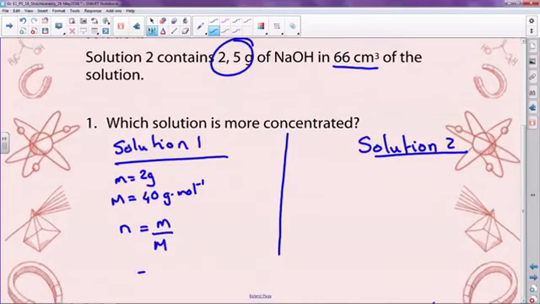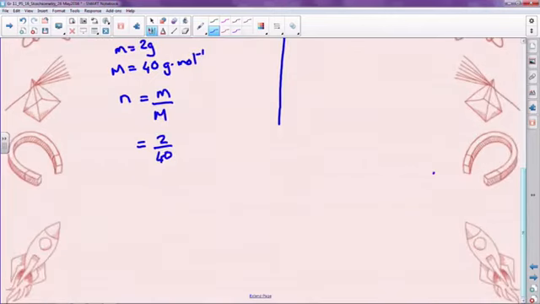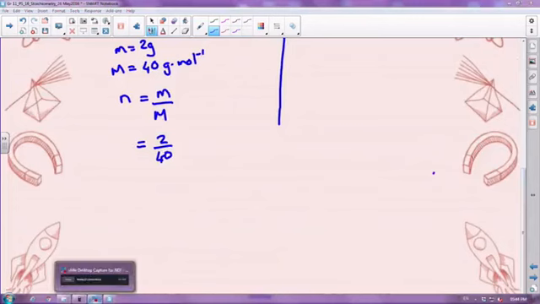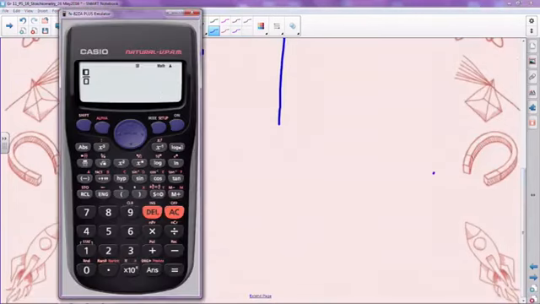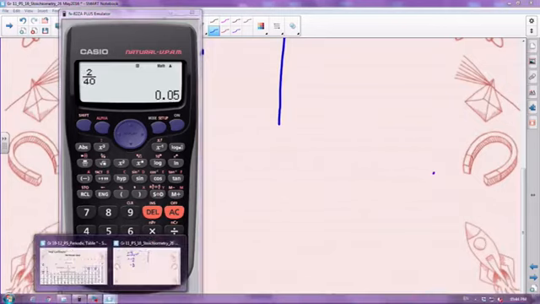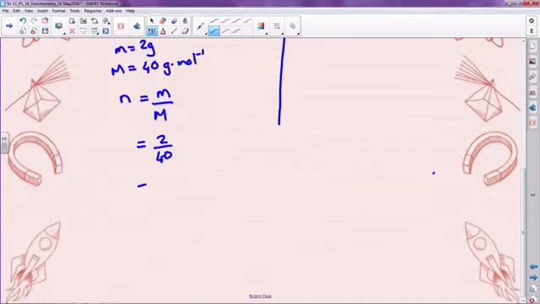So I'm going to have 2 over 40. I need to go to my calculator, and this time I'll use my fraction. 2 over 40, and my answer is 1 over 20, which is the same as 0.05. Okay, so moles is 0.05.